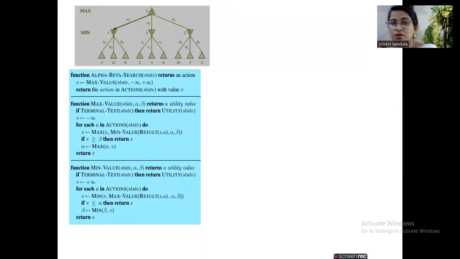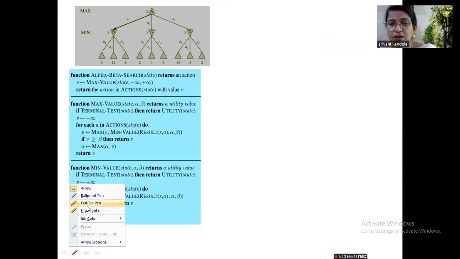So here is the algorithm. Initially, similar to minimax, we are starting with alpha as minus infinity and beta as plus infinity. And finally, the final value of V has to be returned. Now, in the max value function, I'll show you the termination condition, that is, when the branch has to be pruned.